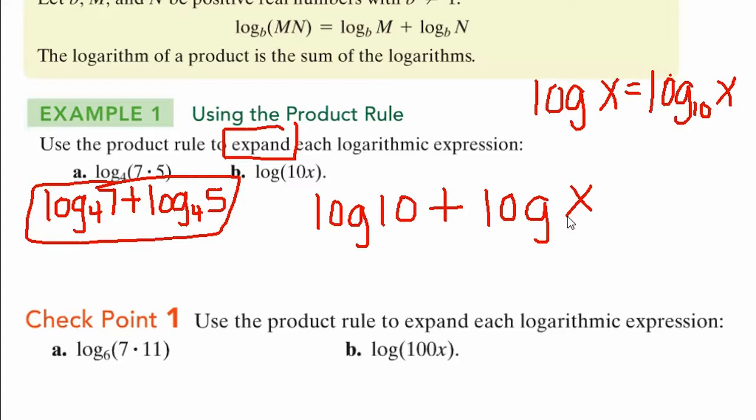Now, what's really important to note is since it's base 10 and I have an input of 10, remember that the log, if it has the same base as its input, they cancel each other out to be 1. So I get 1 plus log x.